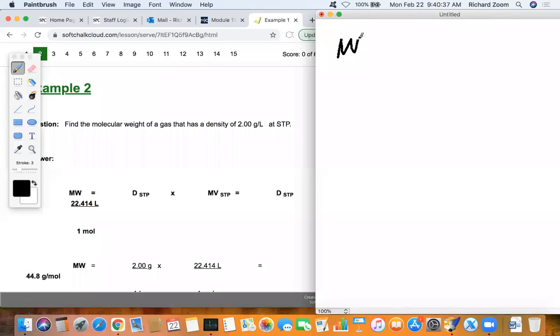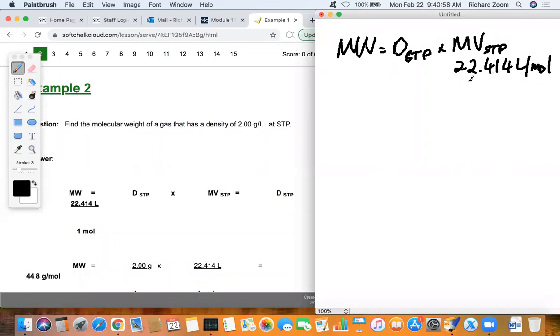So what we know is that molecular weight is equal to density at STP times molar volume of a gas at STP. Now that's 22.414 liters per mole, which is something we've dealt with a lot. The density is usually going to be something in grams per liter.